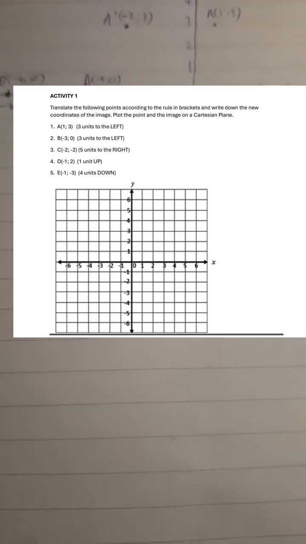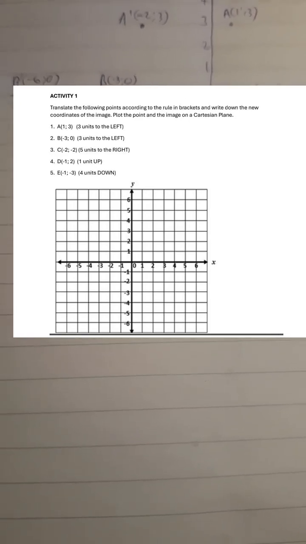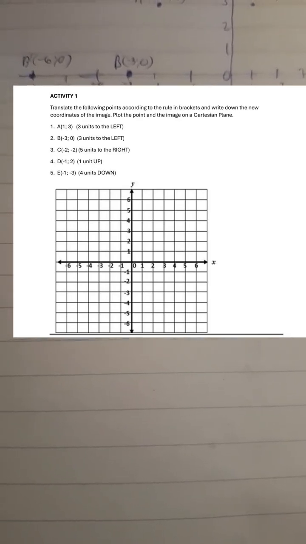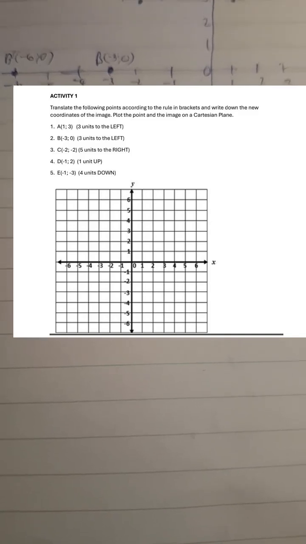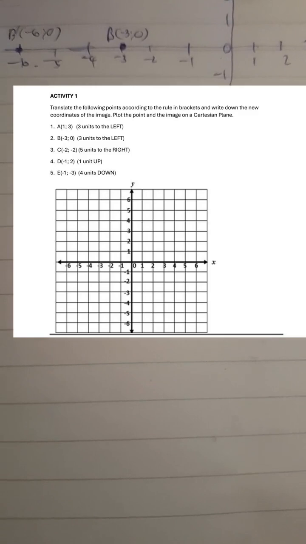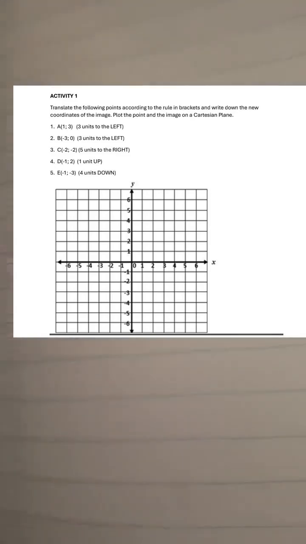Horizontal translation will affect our x coordinate. So we are still going to be affecting the x coordinate. How? If we are saying 5 units to the right, what does that mean?